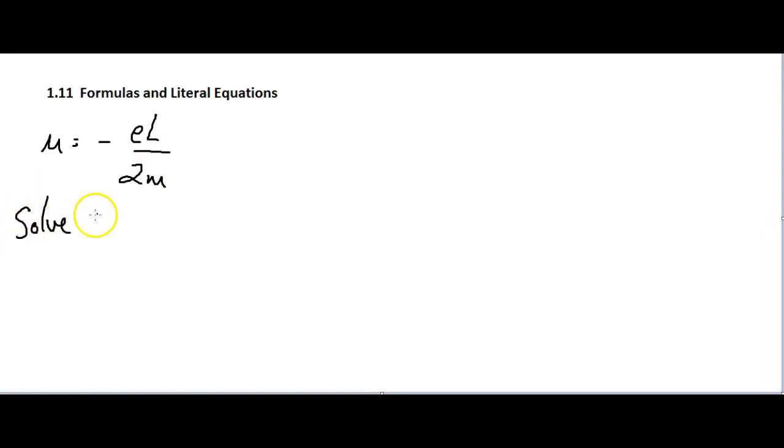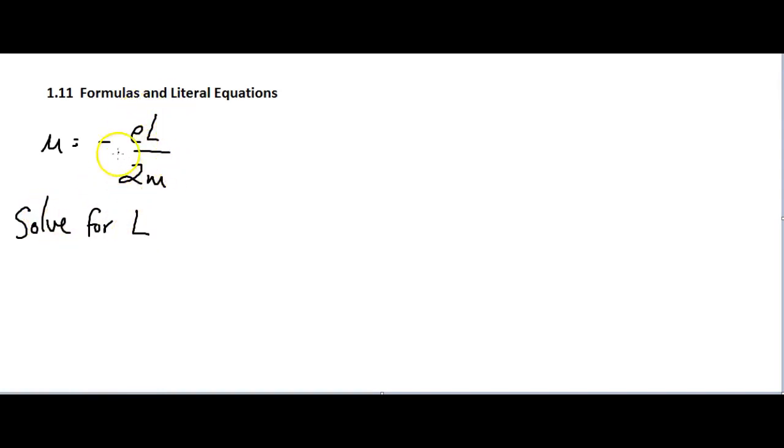Okay, so here we're going to go through another example. How about one that looks like u equals negative EL all over 2m. And let's try to solve this equation for capital L. Okay?